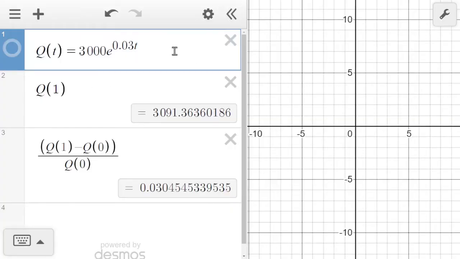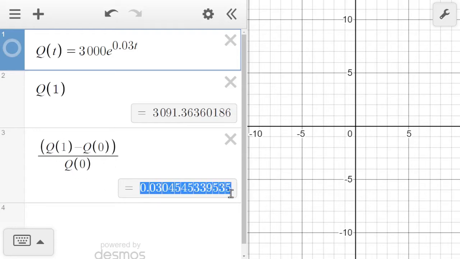This is the calculation for the effective rate. This is our Q of t when we're compounding our interest continuously. And this is the quantity that has grown to one year later, or one default time period, whatever that is. And now this is the effective rate.